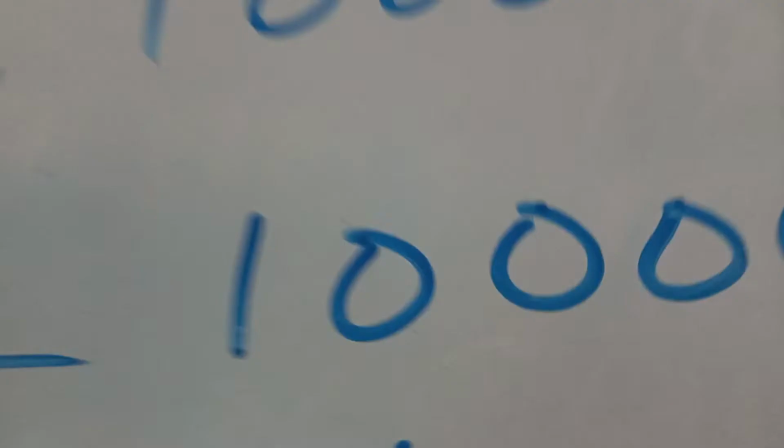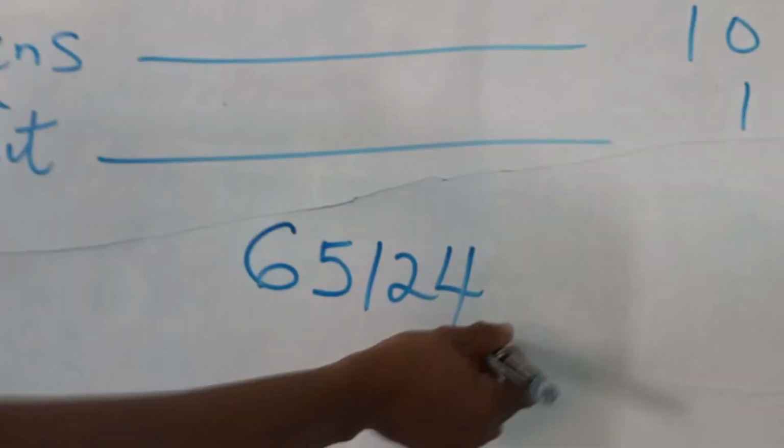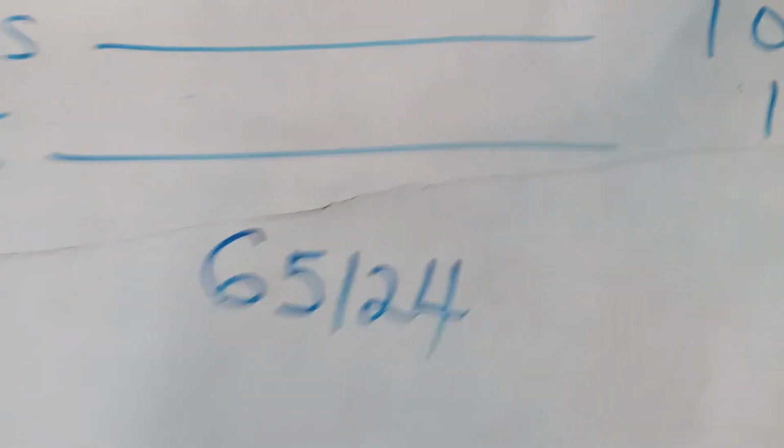Now let's count this. 1, 2, 3, 4, 5. Let's count the one over there. 1, 2, 3, 4, 5. Have you seen it? This is 10,000. And the one I wrote below is 65,124. A total of 5 digits here and here. Let's proceed.